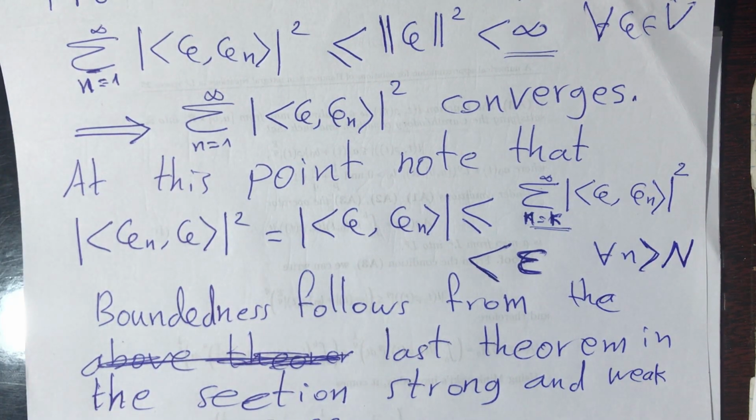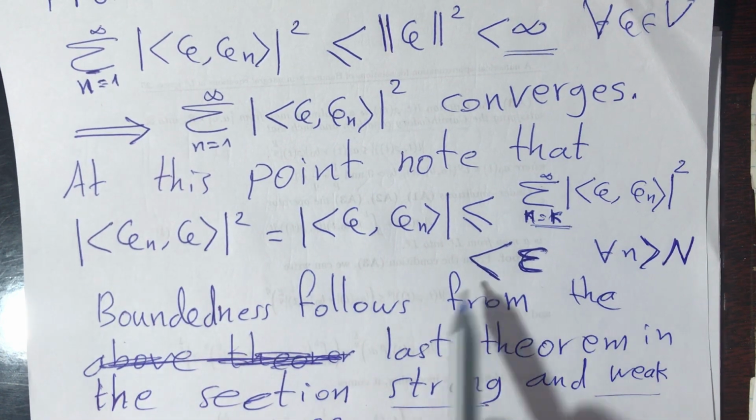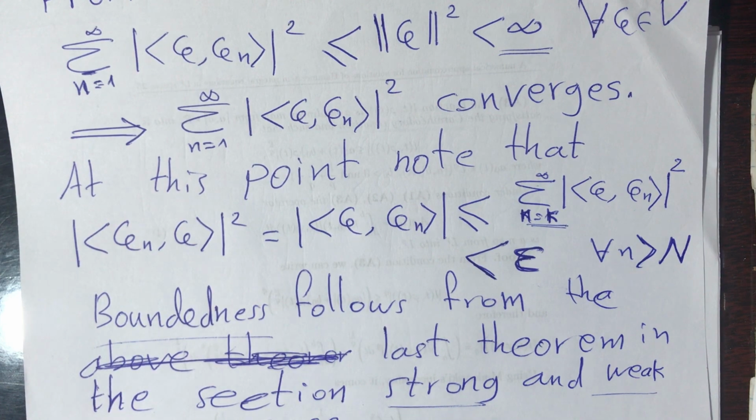This is the theorem on weak and strong convergence. If this is less than epsilon, then it will be bounded.